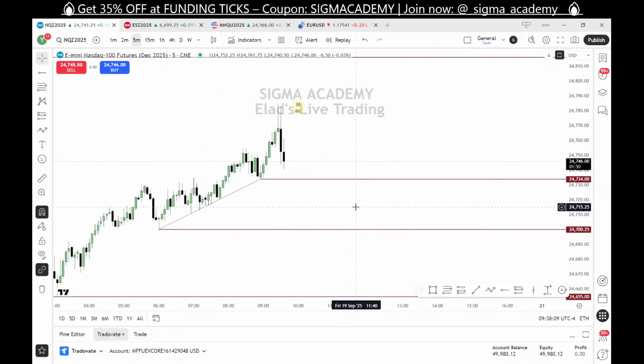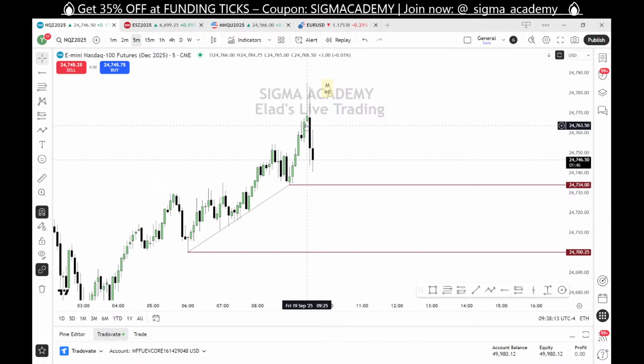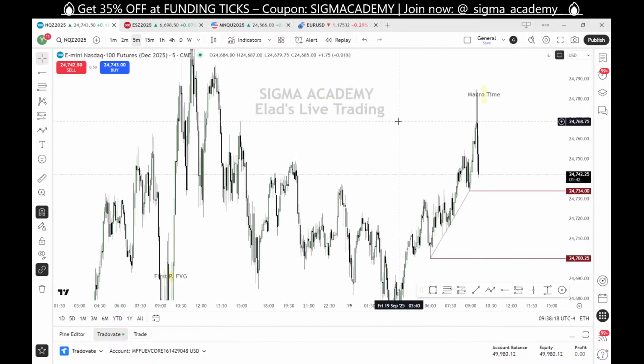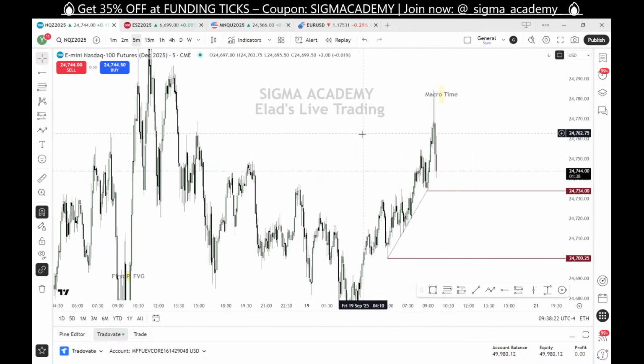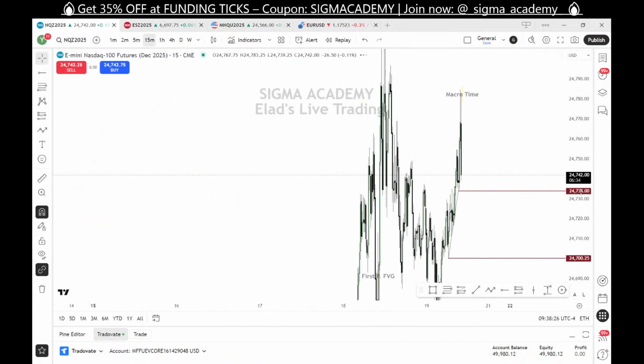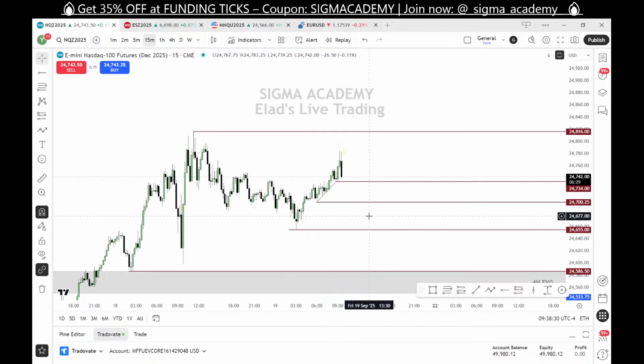So on the 5 minutes, what happens? Yes, we have fair value gap here. Did we stab any high? Yes, this high, and we tapped into those fair value gaps. But when I see the 15 minutes, what is the next station of the market?